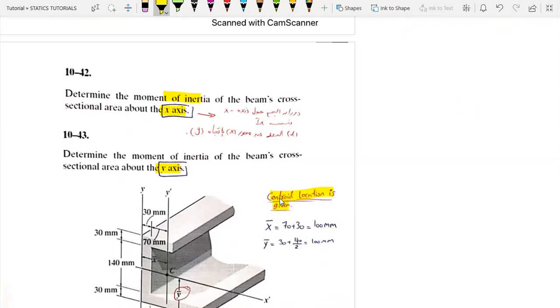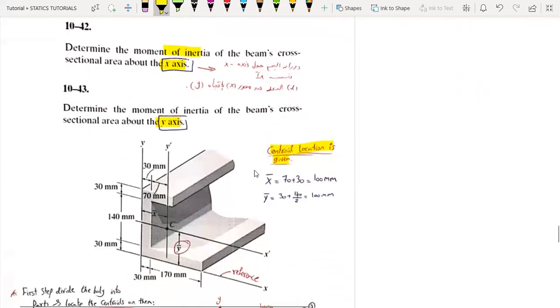So you use the summation of x tilde A over summation of A, and y bar will be equal to summation of y tilde A over summation of A. So here it is given y bar is 30 millimeters plus 140 over 2, which is 100 millimeters, and x bar is given as 30 plus 70, which is also 100 millimeters.